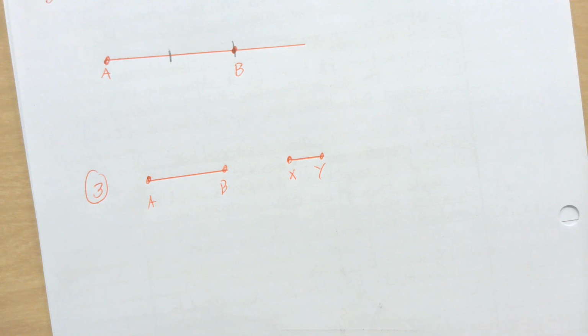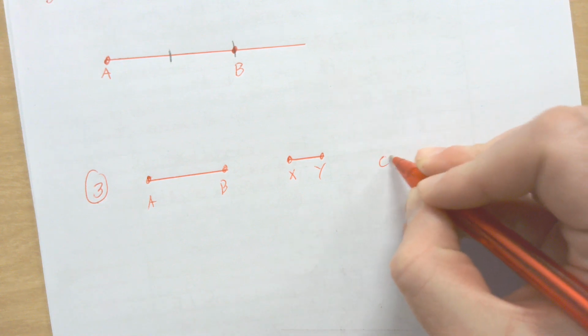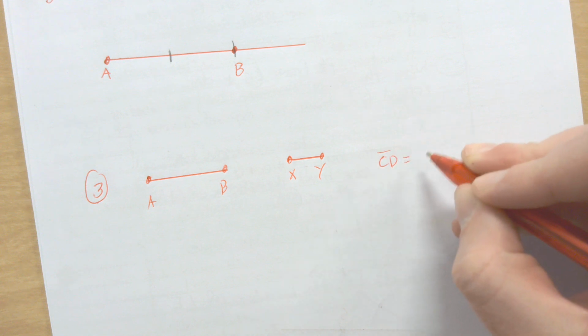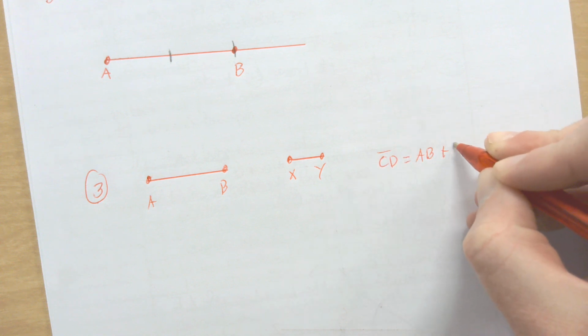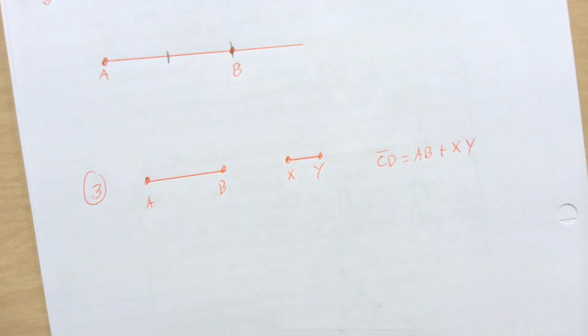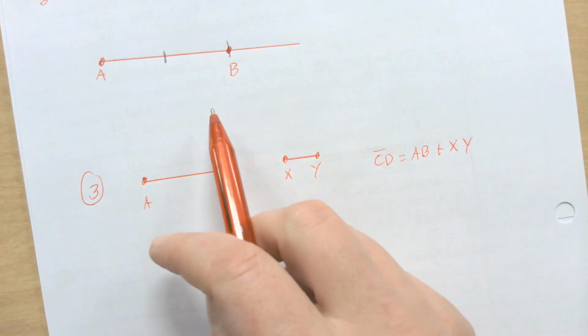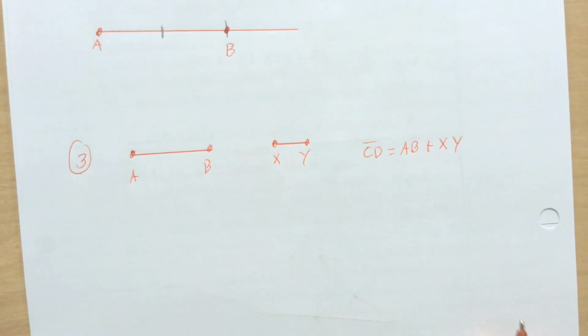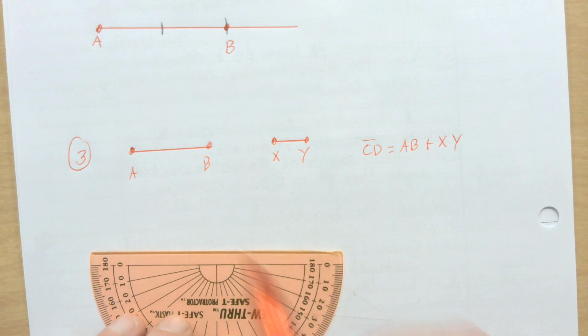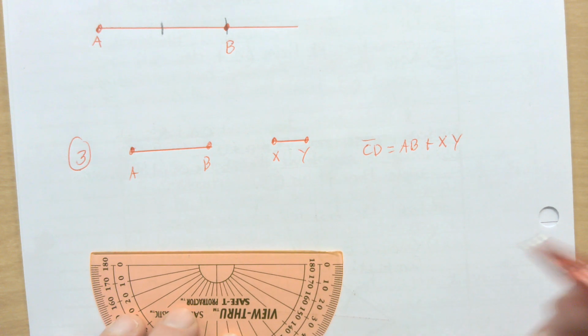So this is just adding. We want to create CD so that CD equals AB plus XY. This is very similar to what we did with the first one, except we're just going to copy AB once and XY once.